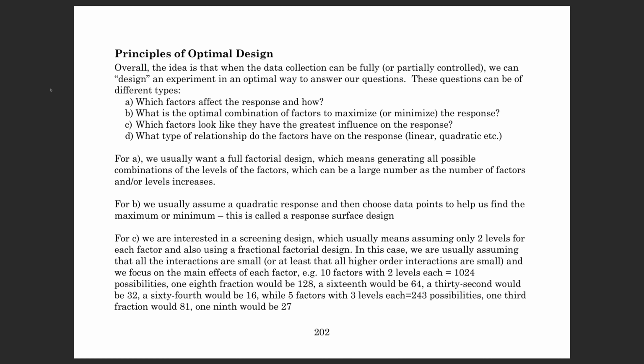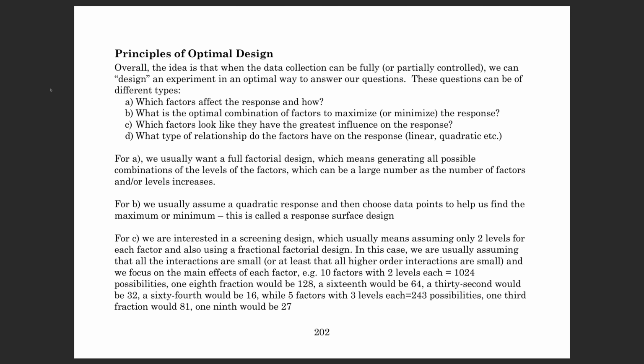So before we move forward, let's talk a little bit about what the key principles are. So the idea is that when our data collection can be fully or at least partially controlled, we can design an experiment in an optimal way. But we're going to look at 4 different types of question. The first one is that our key question is which factors affect the response and how.